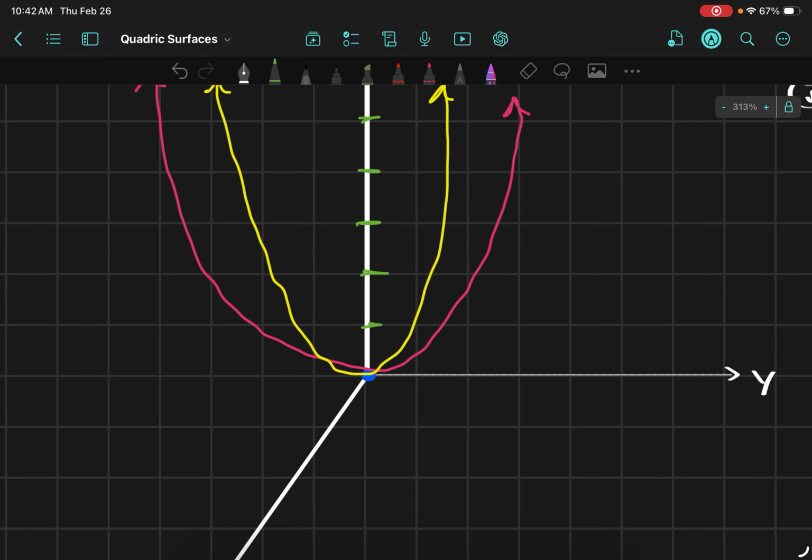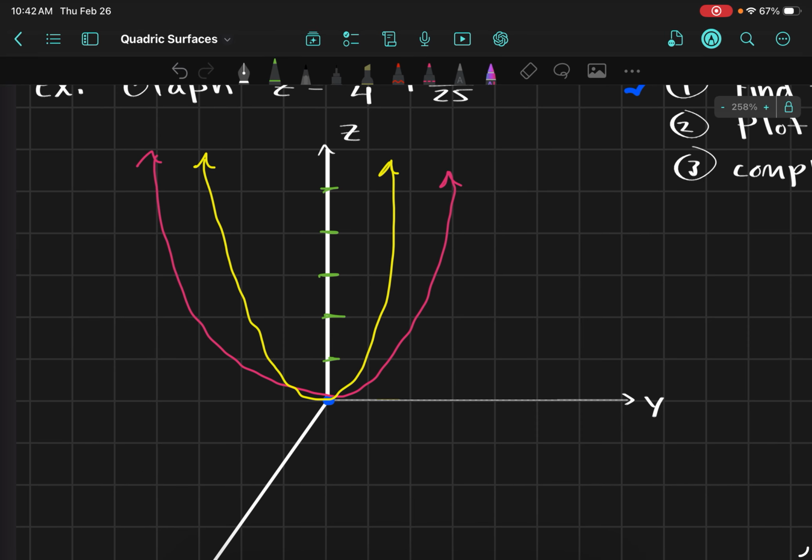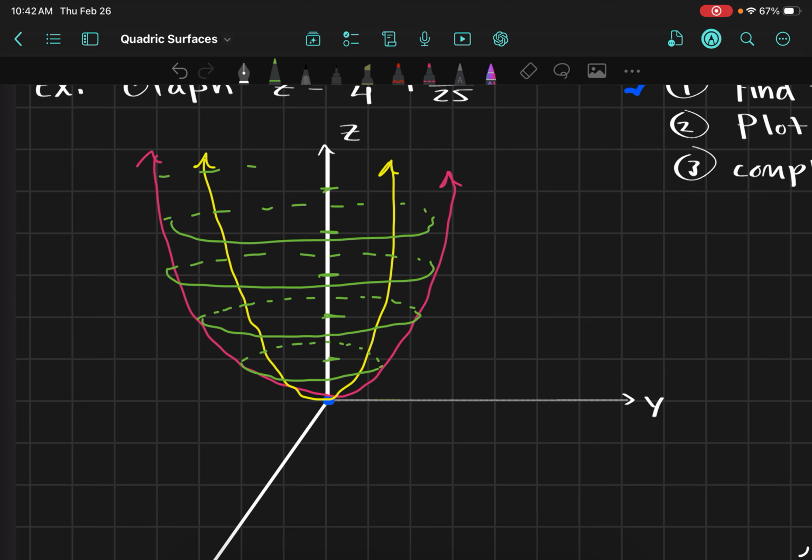So we are going to graph x squared over 4 plus y squared over 25, and we are only going to just connect all the lines. So as you can see, a shape is actually being created here. And I'm glad my doodle looks a lot better than it did last time.